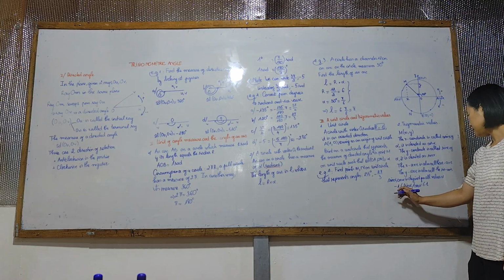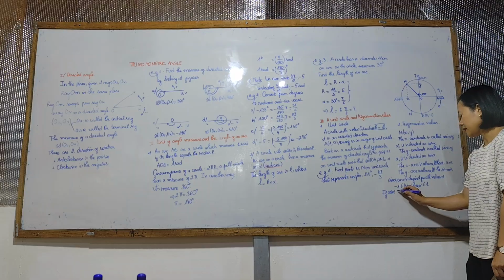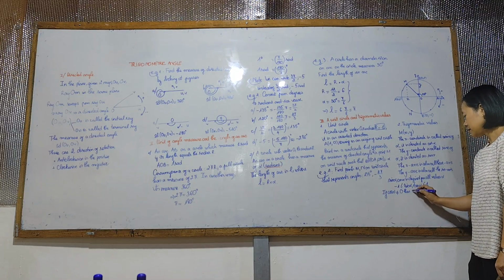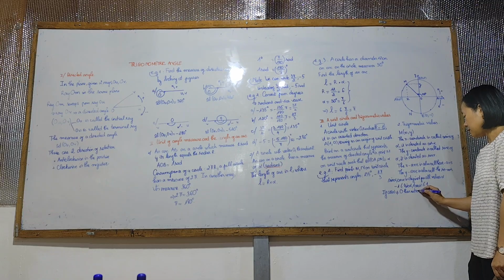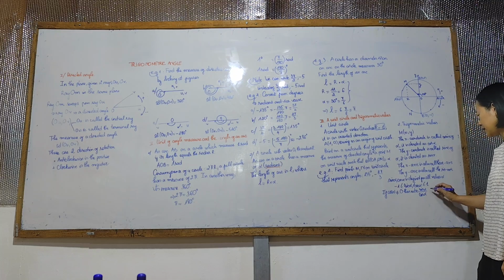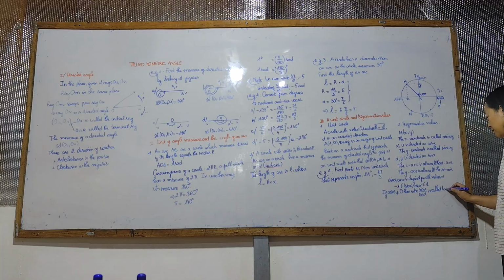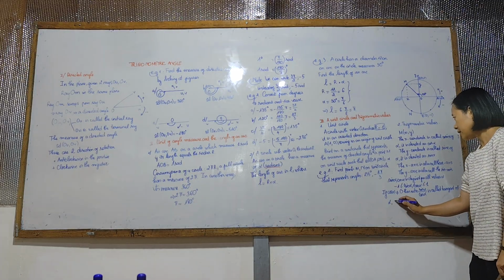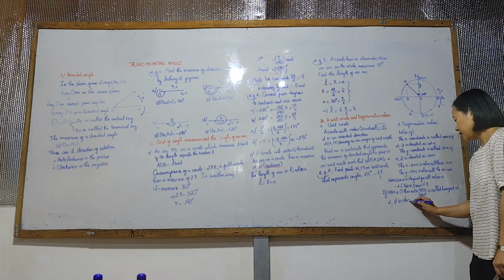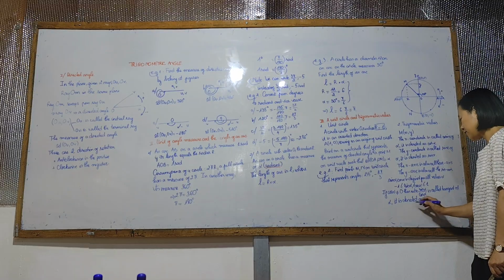And if cosine alpha is different from 0, then the ratio sine alpha over cosine alpha is called tangent of alpha. It is denoted as tan alpha.